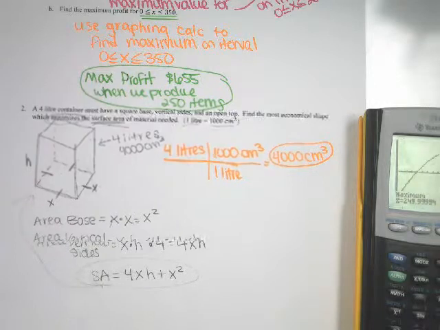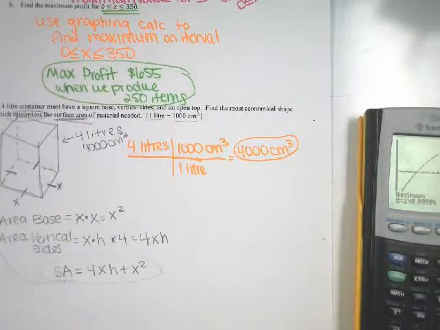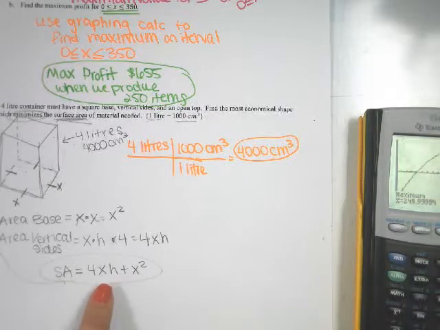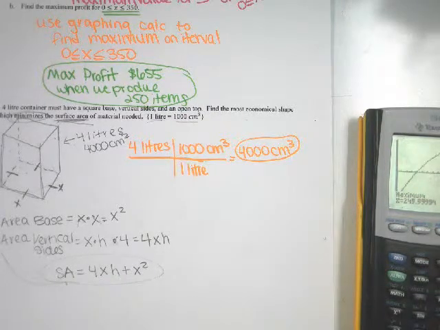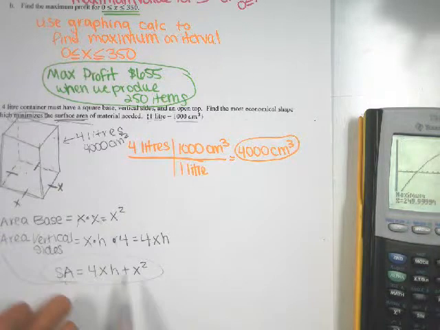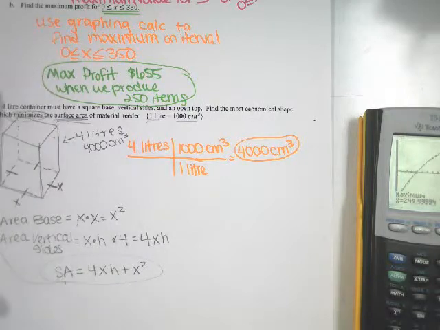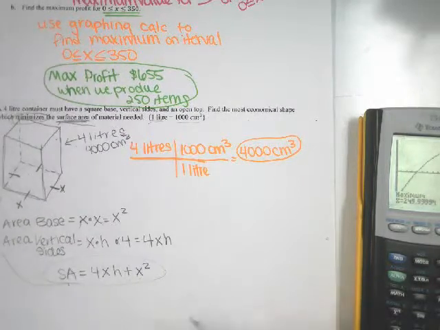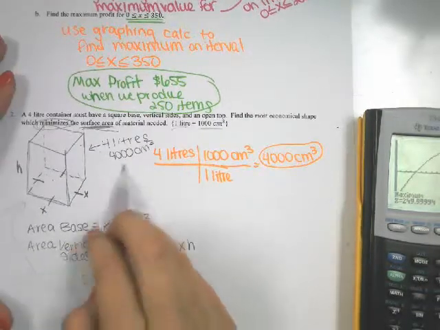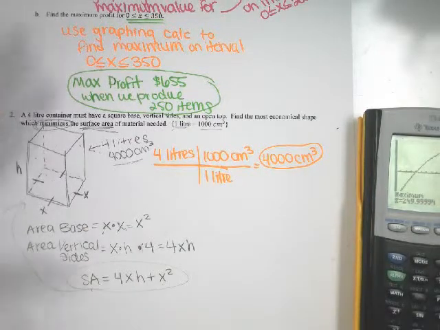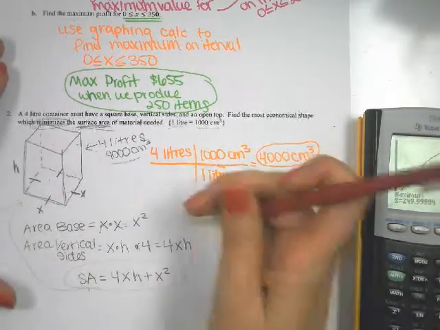We want to minimize it. To minimize the surface area, we have multiple variables: a height, and we also have an x value here. So we're kind of stuck. But we know something about our shape. It holds 4,000 cubic centimeters. That's our volume.